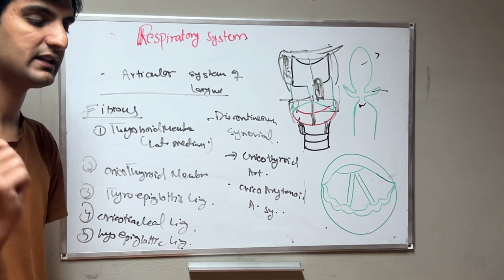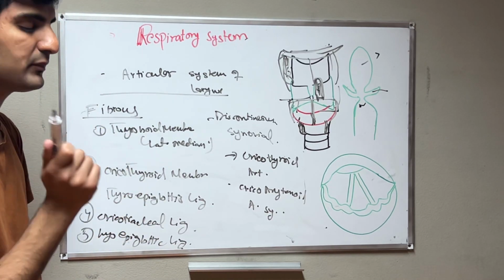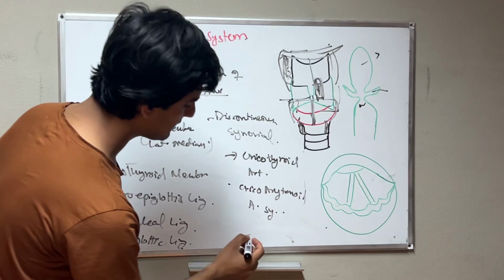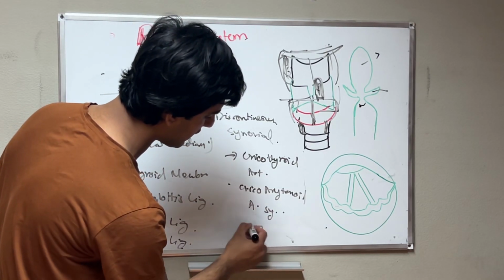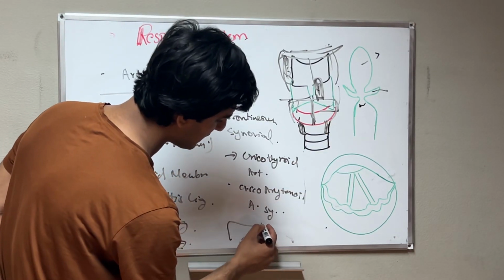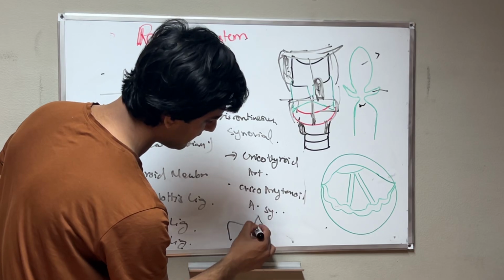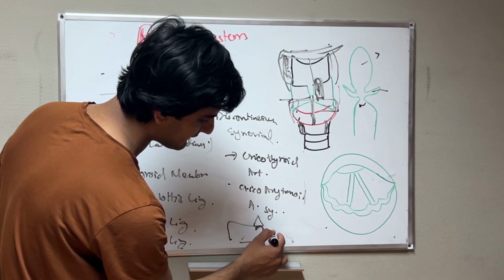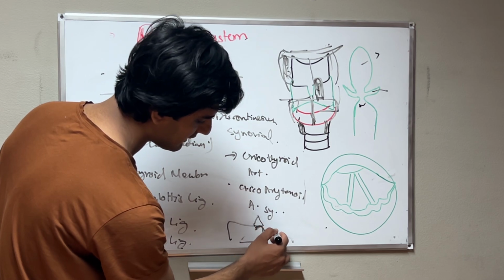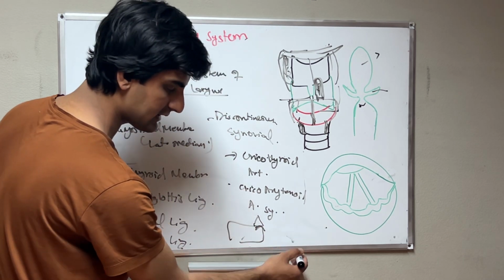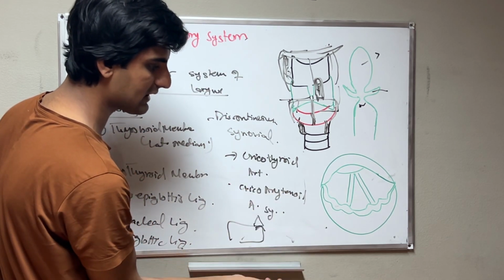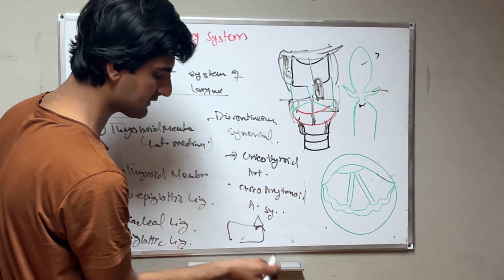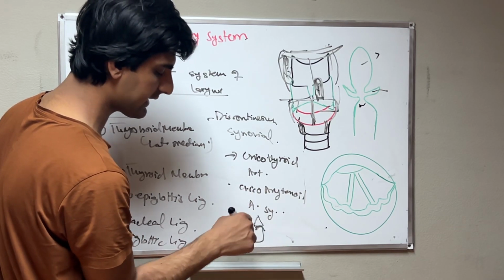If you remember the cartilages, I told you about the unpaired and paired cartilages. For example, this is the cricoid cartilage here. From the posterior it is attached with the arytenoid cartilage here, which I called cricoarytenoid. The cricoarytenoid articulating surface I mentioned in the structure of the cricoid cartilage.